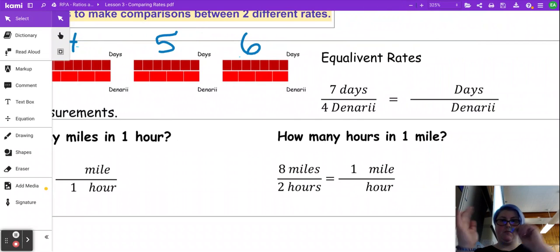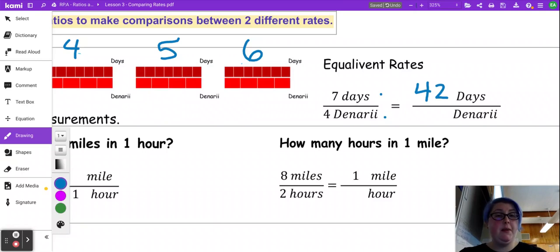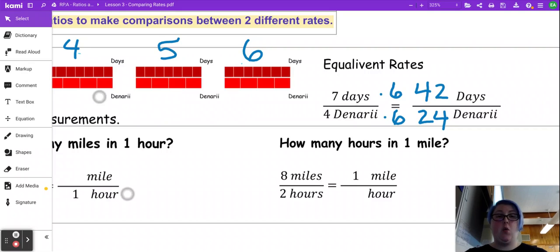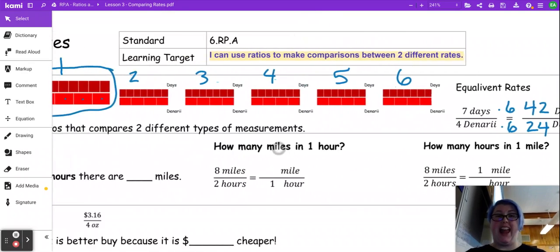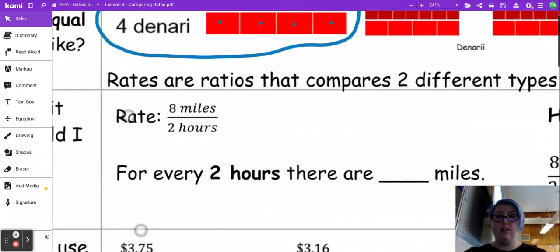So in those 6 blocks that we have, the cool thing about equivalent ratios is that if we multiplied our days by 6, we can multiply our denarii by 6. 6 times 4 is 24. We could do that for any number. We could do a whole year, 52. We could do a month. You can create an equivalent ratio for any given fact.